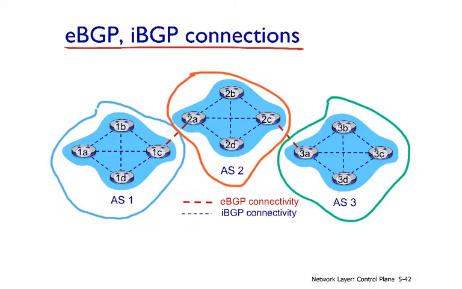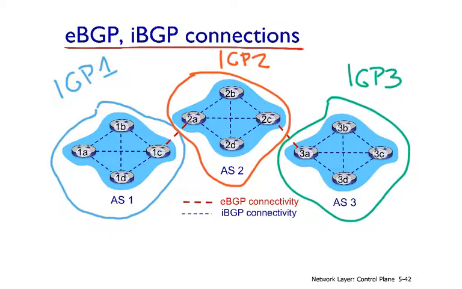Maybe they have different interior routing protocols, IGP, interior gateway protocols: IGP1 for AS1, IGP2 for AS2, IGP3 for AS3. Or maybe they are the same. The interior routing can be, for example, OSPF for one of them, RIP for the other, and so on.